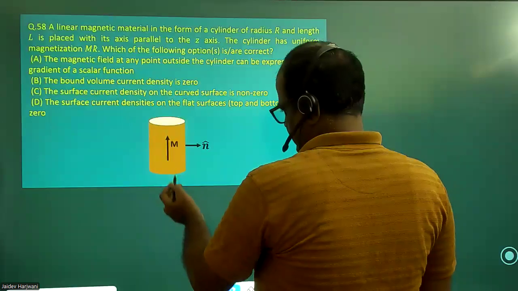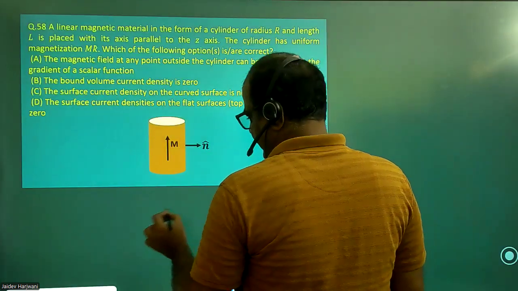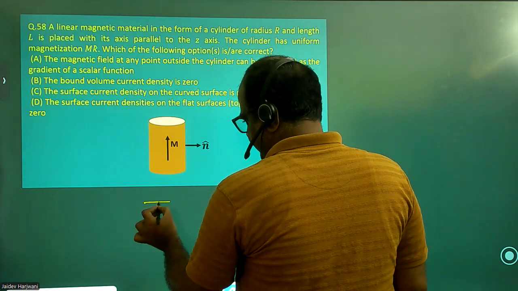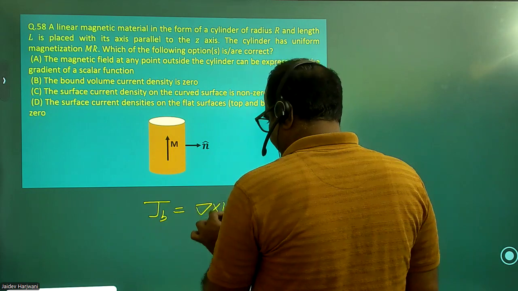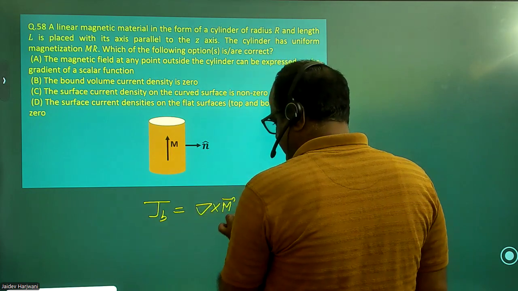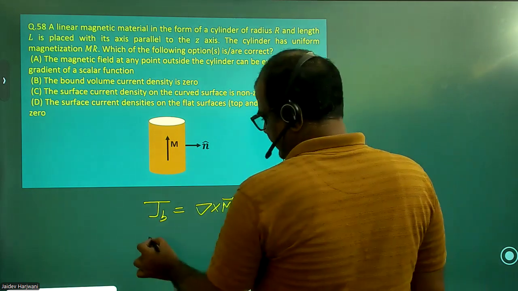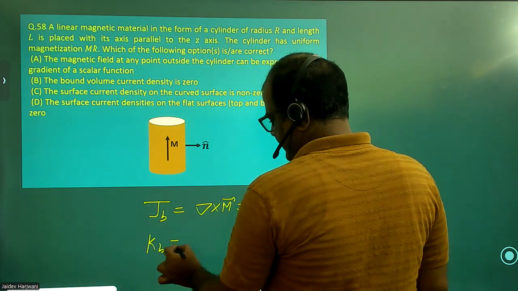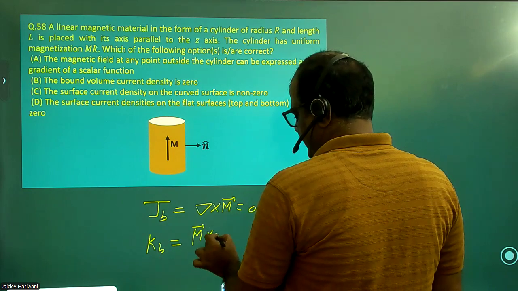If there's a uniform magnetization, straightforward, I can write that my bound current density, del cross M, will be 0 because there is no variation. Similarly, if I write the surface current density, that is M cross n cap.